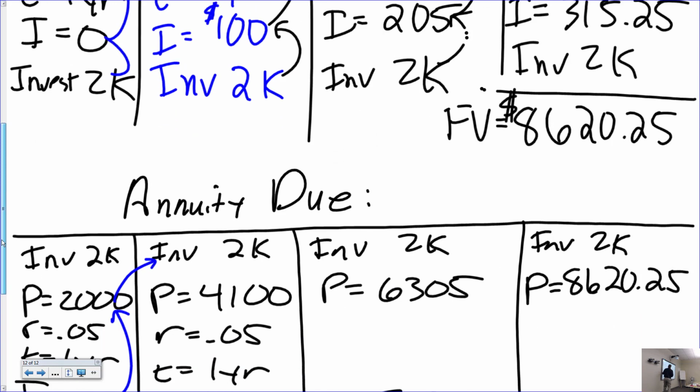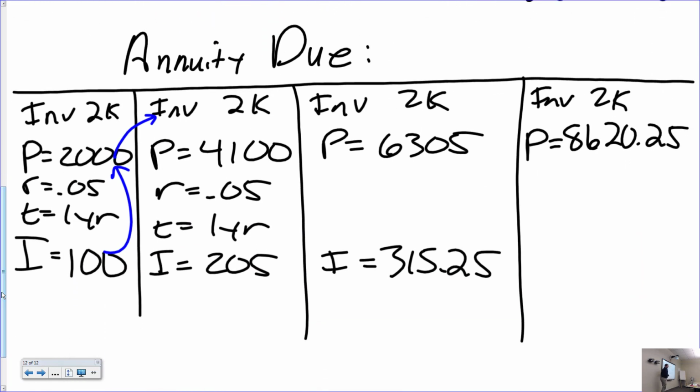In our annuity due, right now, how many times have we earned interest? 3 times, but technically we get 1 extra period of interest. That's the difference between ordinary annuities and annuities due: this extra period of interest at the very end.